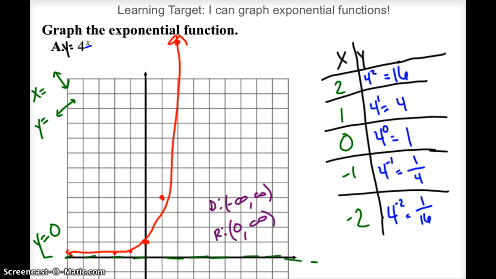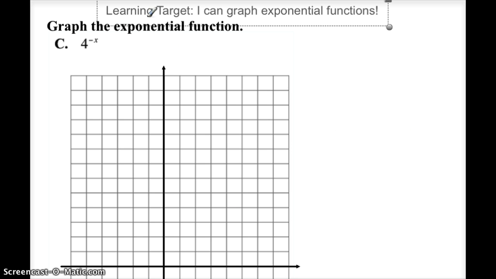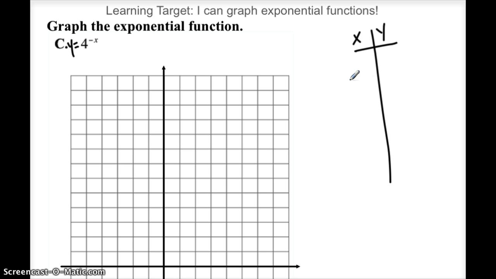Let's try another one. I'm going to jump to example C. And again, it's understood there's a y equals because it's a function. So we're going to make a t-table. Let's leave room for 5 points. And here's what I'd like. Middle of the road, I'd like y to be evaluated for 4 to the 0 power.